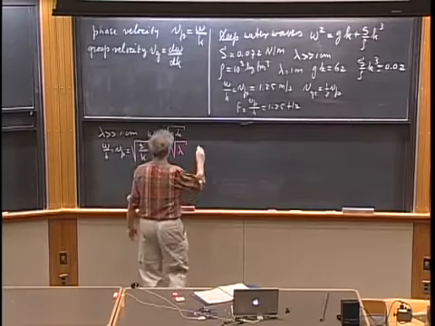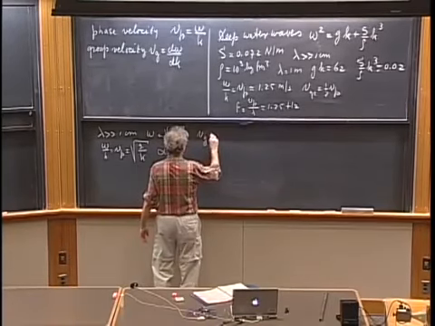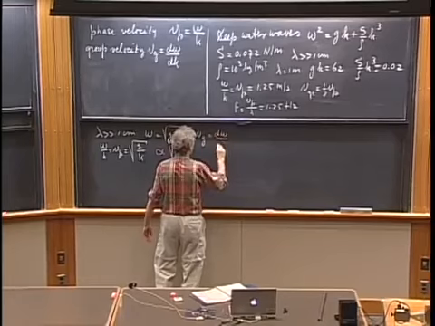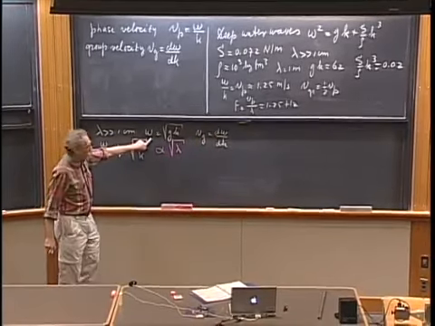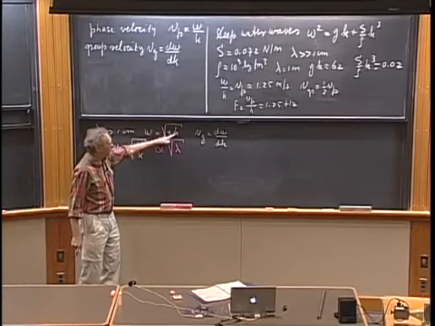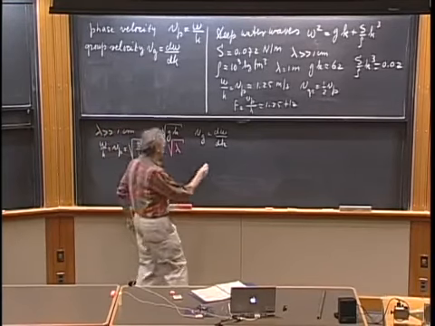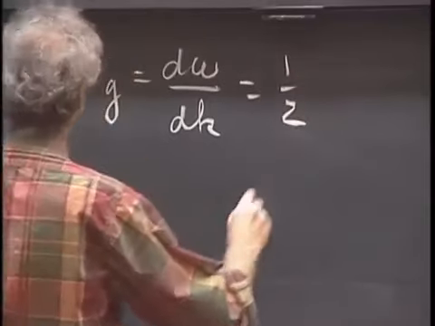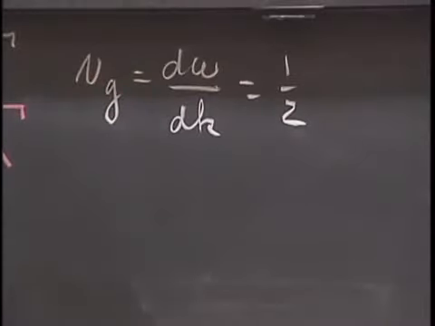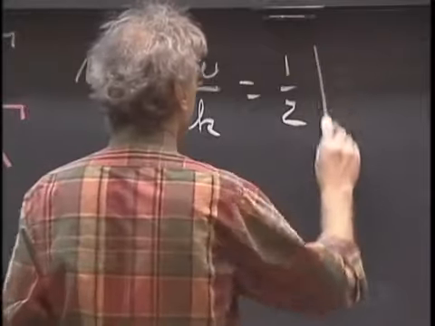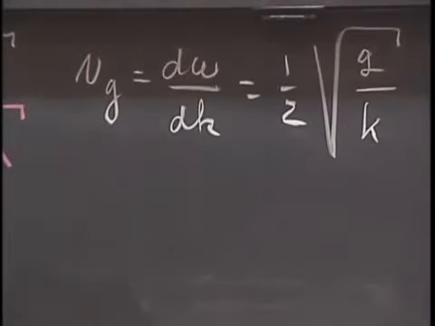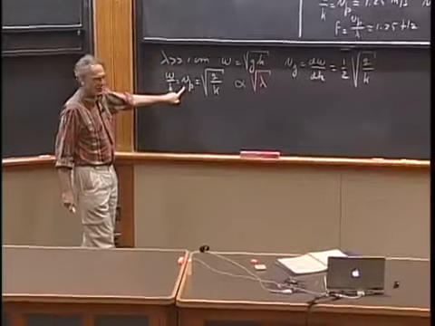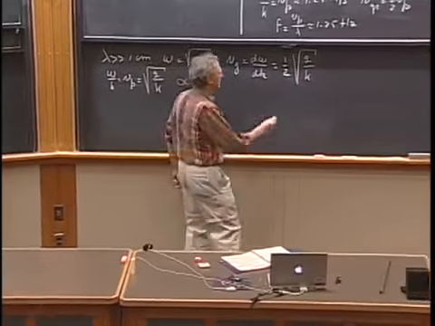What now is the group velocity? Well, the group velocity is d omega dk. So you take the derivative of the square root of g times k. So you first get your 1/2, and then you get your square root of g, but now you have to divide by the square root of k. So you get times the square root of g over k. But the square root of g over k was the phase velocity. So it's half the phase velocity.